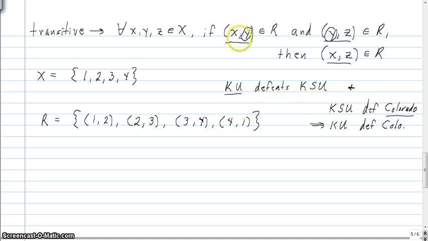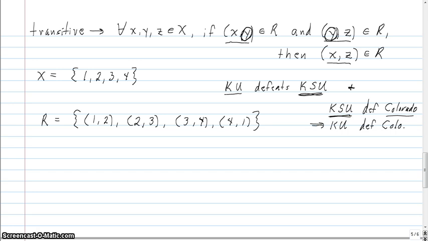So KU defeats K-State and K-State defeats Colorado. So when we're looking for transitive, the key thing to look for is that this second value in the ordered pair matches this first value in this other ordered pair. So K-State was common to both of those relations.